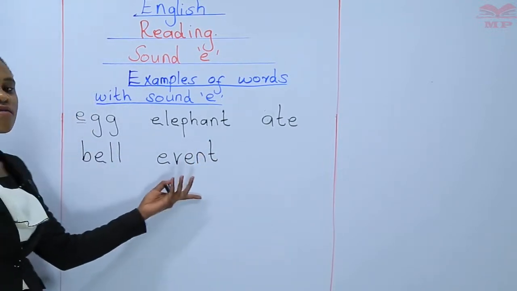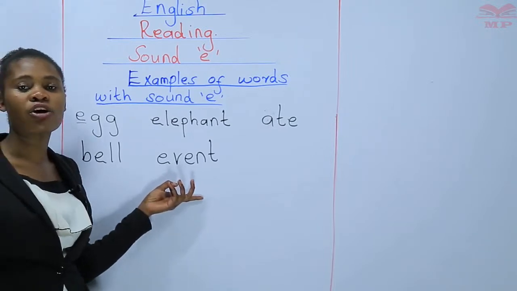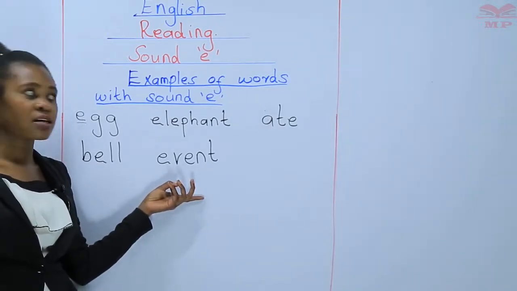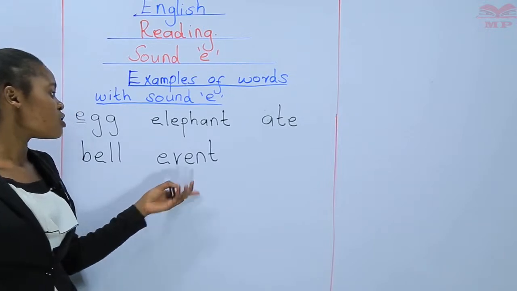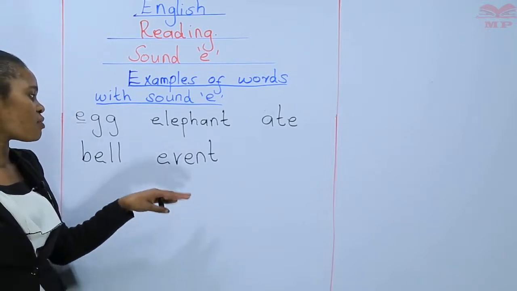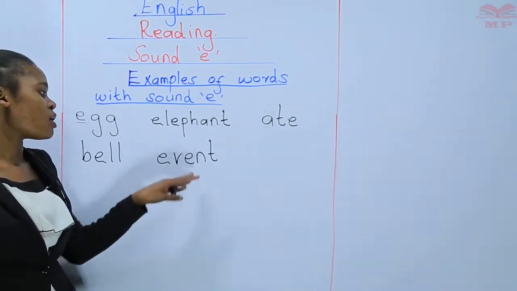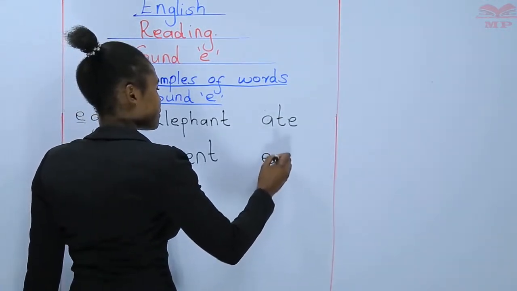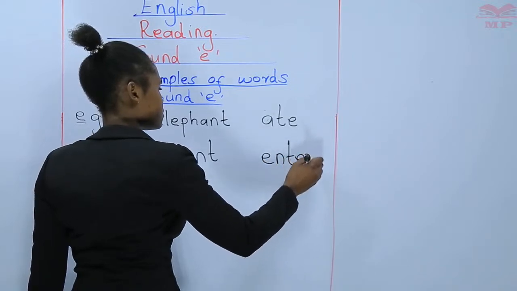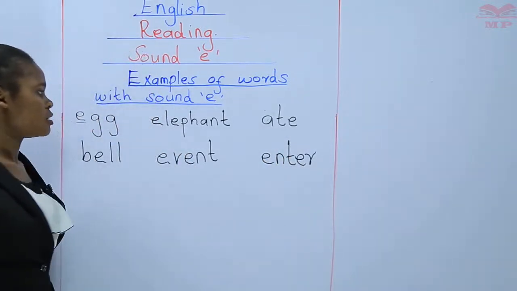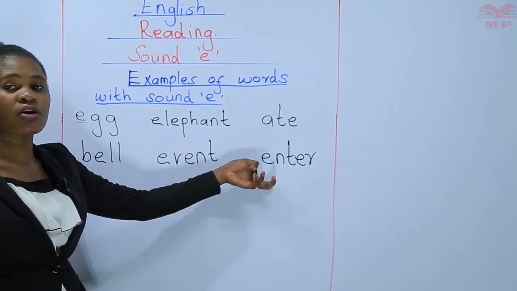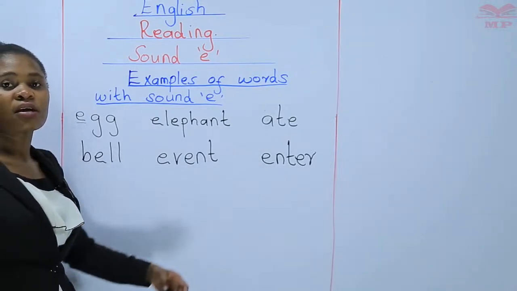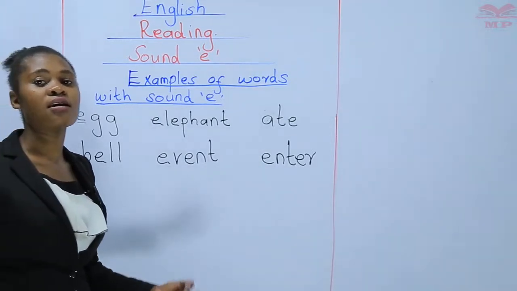The word event. An event is like an occasion, a ceremony or an activity. So in the word event, we have sound A at the beginning and also along the word. We also have another word, enter. The word enter also has sound A. To enter means you are getting inside.